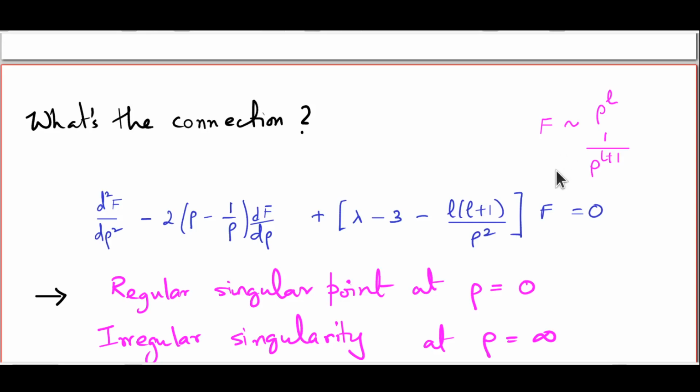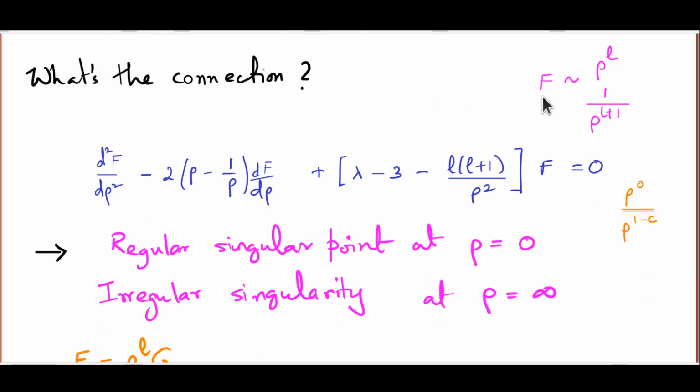On the other hand, we know that in the general solution, the way the confluent hypergeometric equation behaves, if the independent variable were called rho, would have been either rho to the power 0 or rho to the 1 minus c. Of course, the solution for f that we want goes like rho to the L rather than like 1 by rho to the L plus 1.